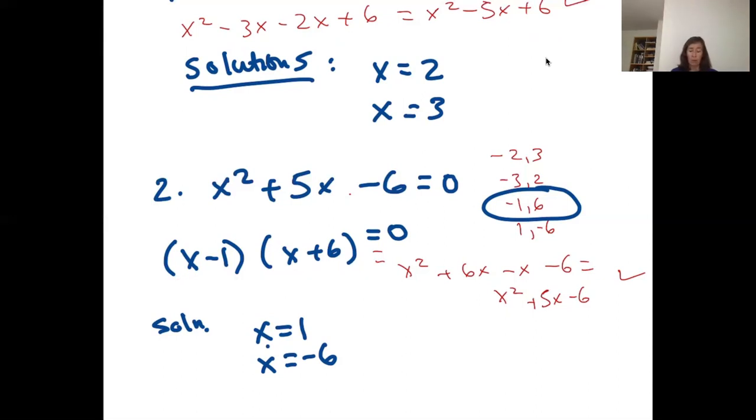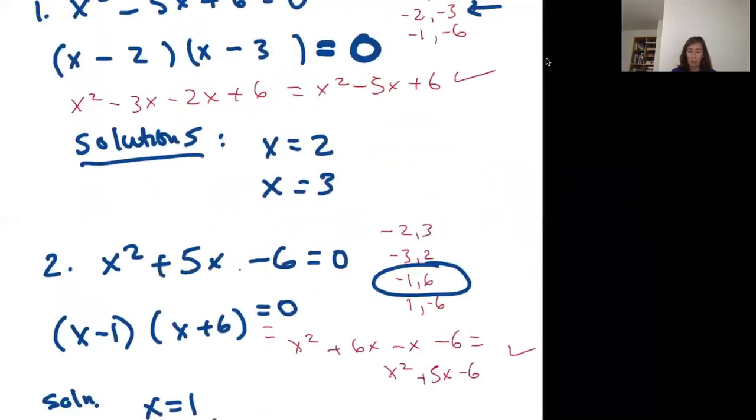All right. So our last example here will be one where we've got a negative on 2 terms. So x squared minus 5x minus 6.